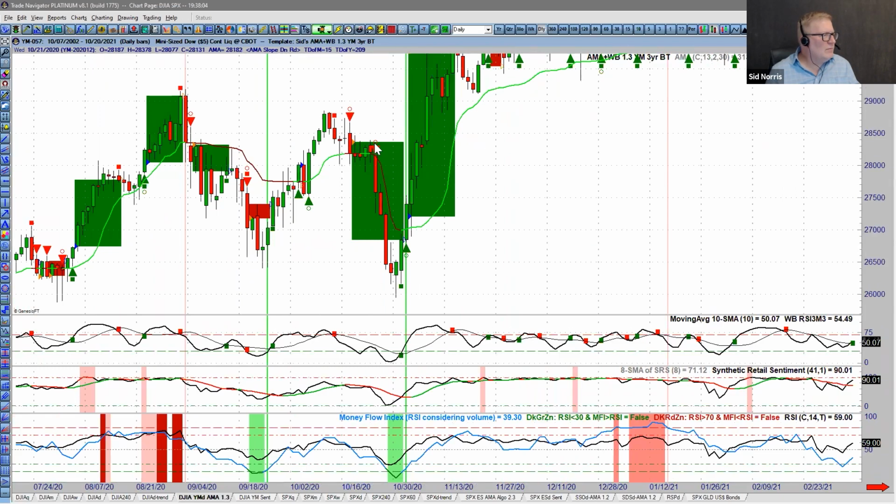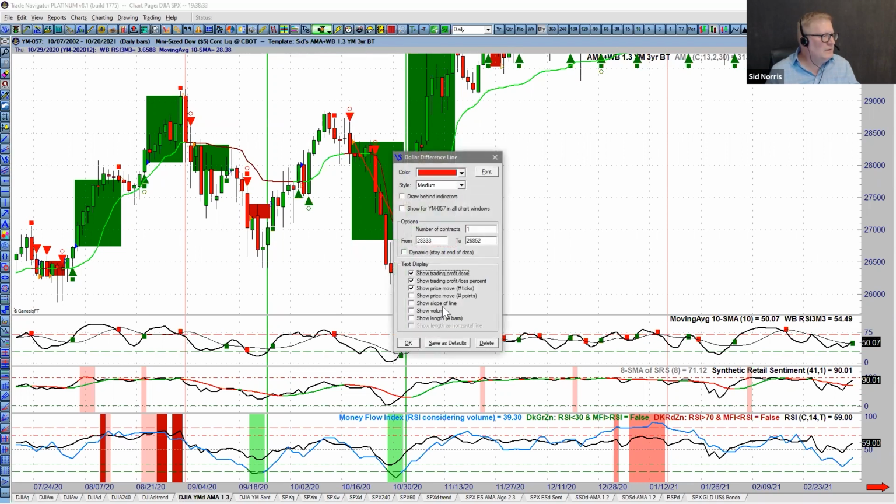Look at how well the algo did on a short position. The signal came in October 19th of 2020, and it exited on November 3rd. So about a 2-week trade, and that was on the short side.